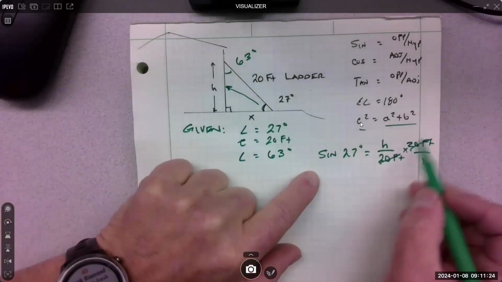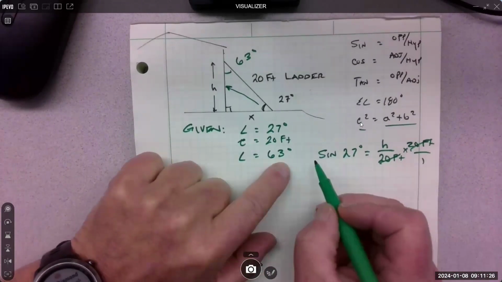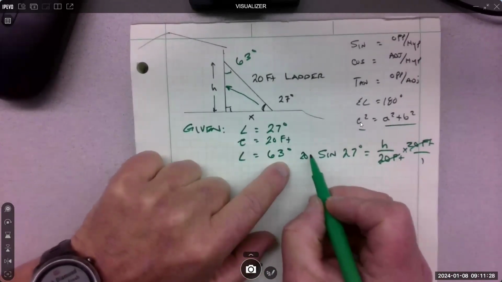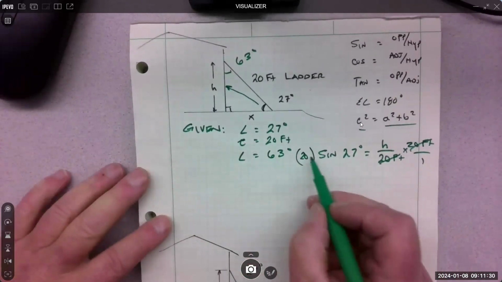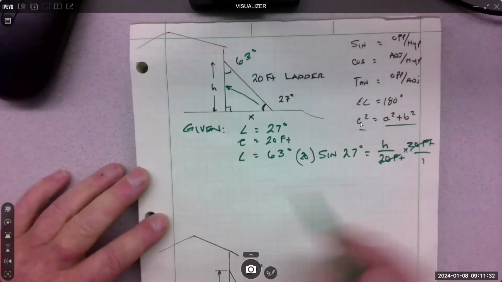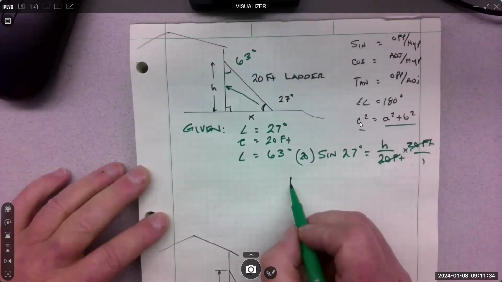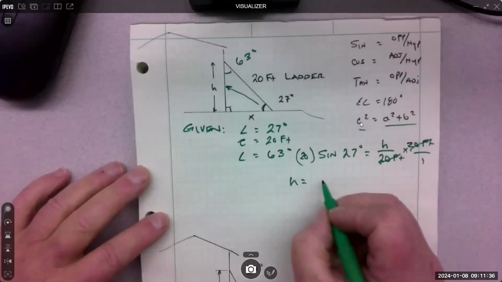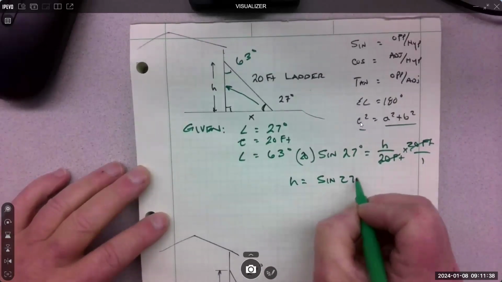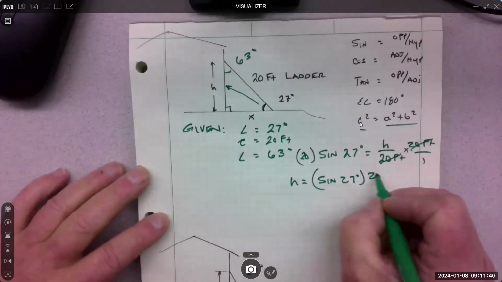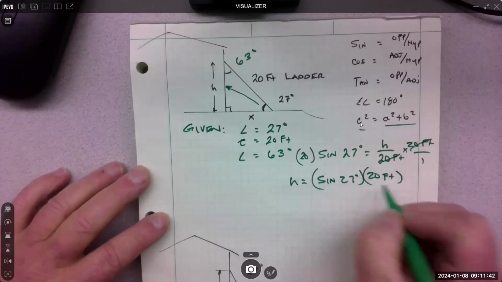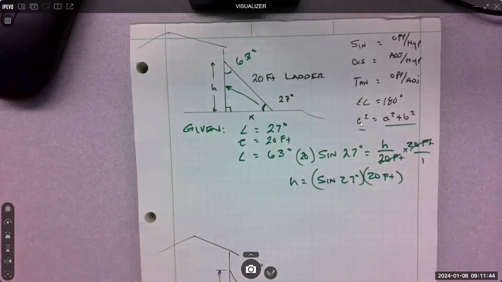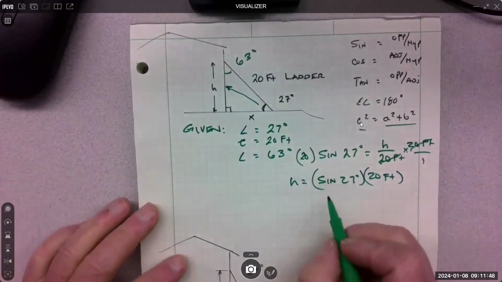So what I do to one side, I gotta do to the other. Gonna put the 20 in here and multiply it by the sine 27. H is now by itself, so it ends up to be h equals sine 27 degrees times 20 feet. I got my units in there, right? Should be good to get an h number.